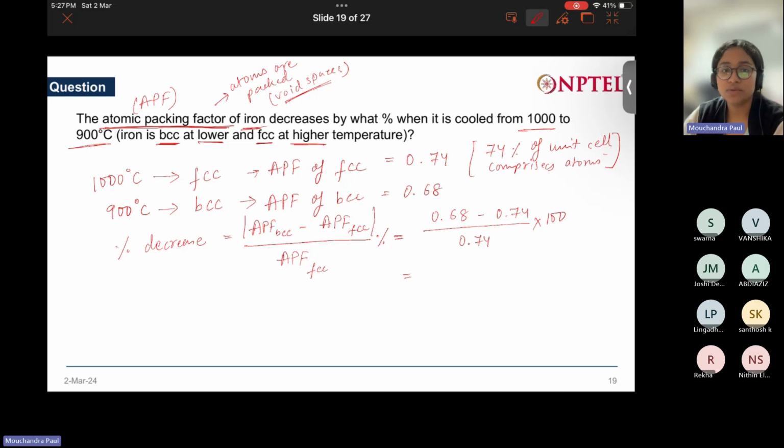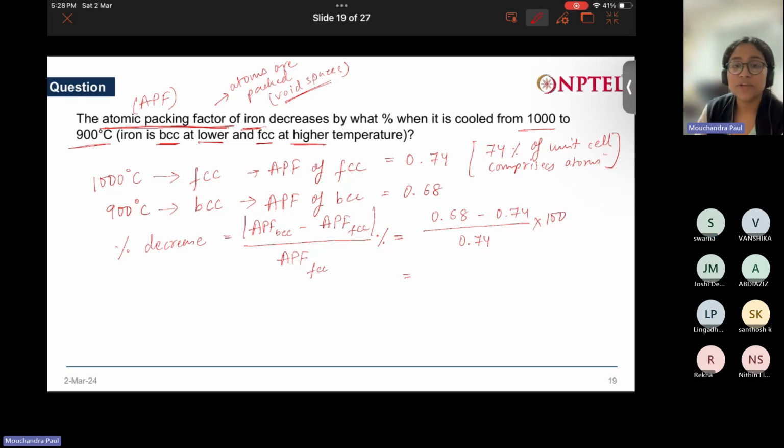Tell me what's the value you are getting. Minus 8.10.